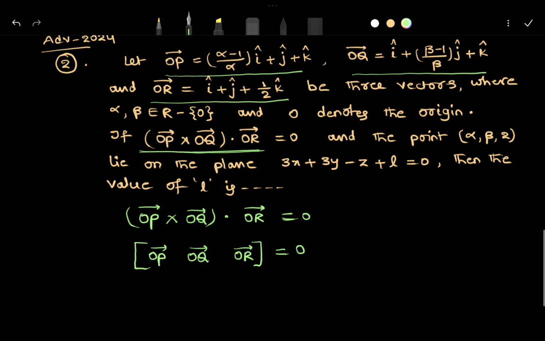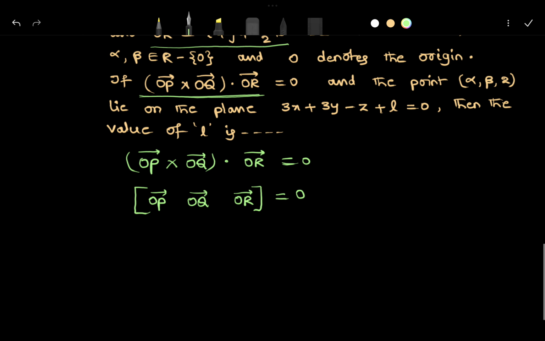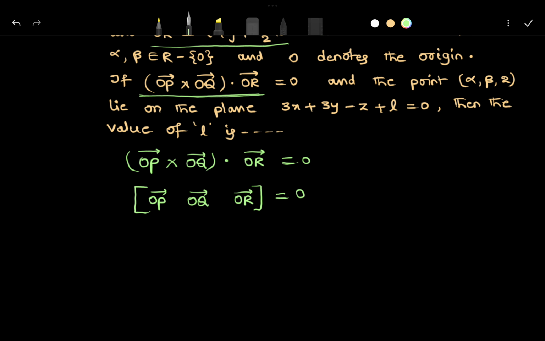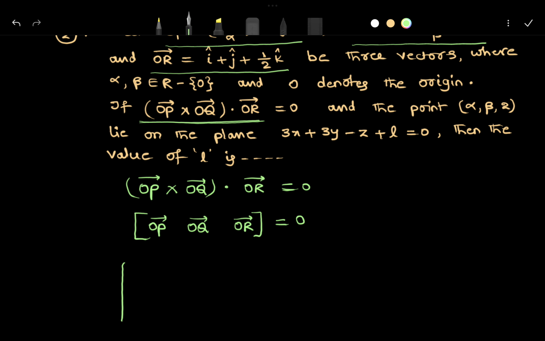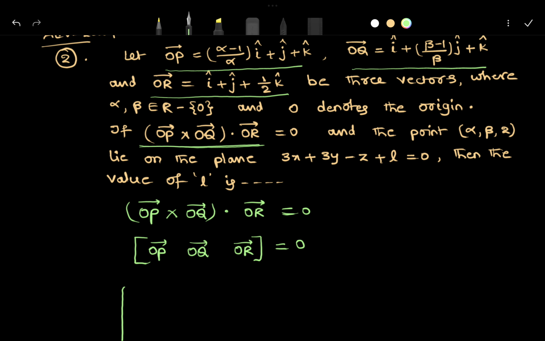So what is the concept of coplanarity? When 3 vectors are given, coplanar means the determinant whose first row is the scalar components of OP bar. What is OP bar? Alpha minus 1 by alpha into I cap, and 1 J cap plus K cap.